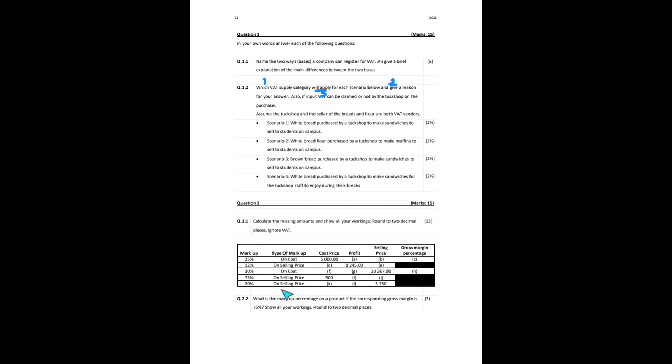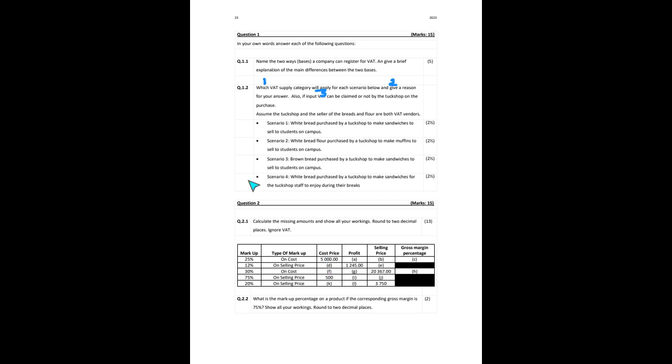Remember, our little equation stays the same: cost plus profit equals selling price. And all we're doing is expressing that same rand value of profit either as a percentage of the cost price or as a percentage of the selling price.